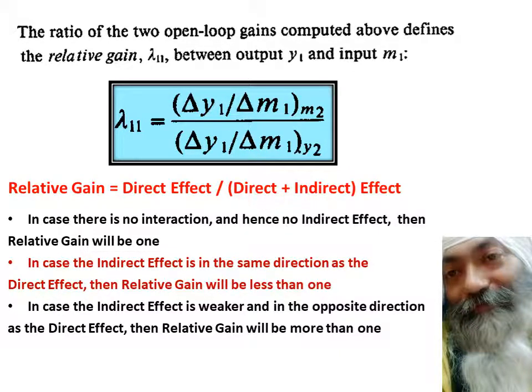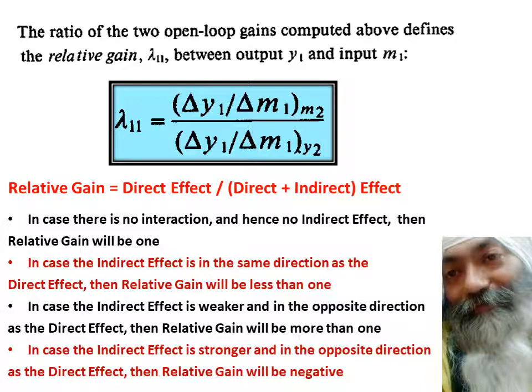So the denominator is less as compared to the numerator. It means that relative gain is more than 1. Or you can say inversely, in case the relative gain is more than 1, it means that the interaction is taking place in the direction which is opposite to the desired direct effect, and it is slightly lesser than the direct effect.